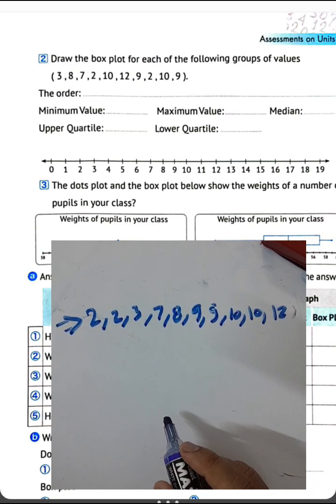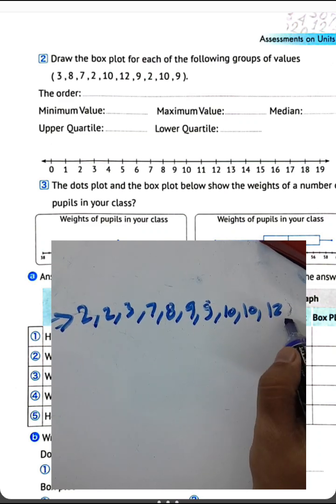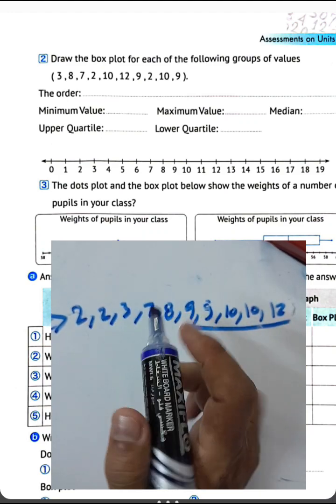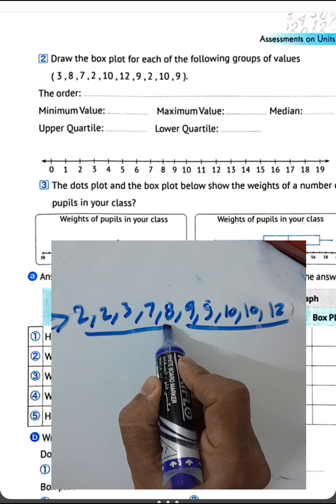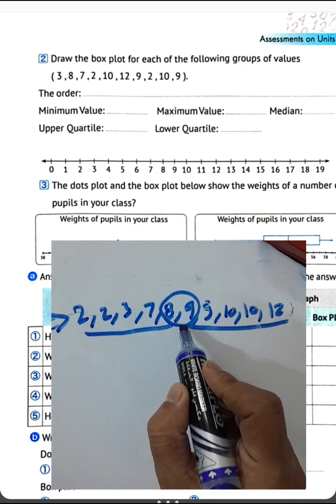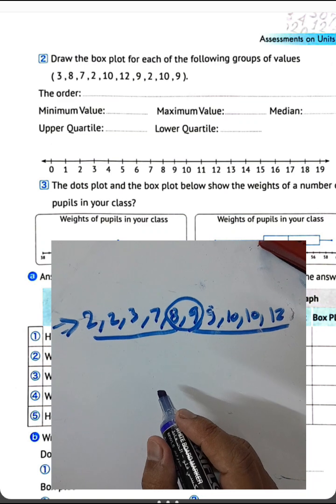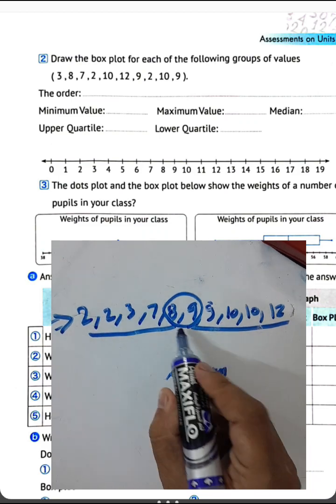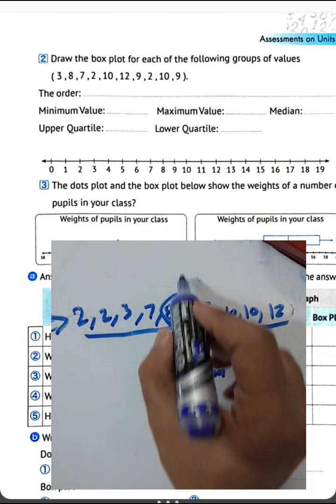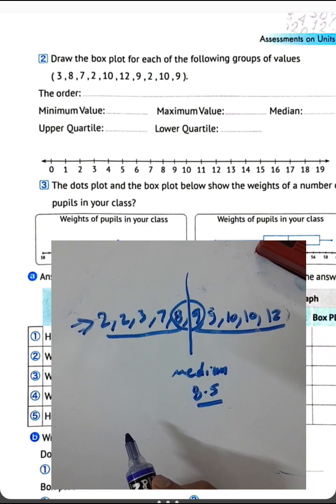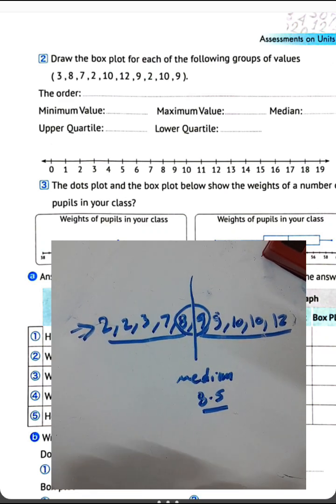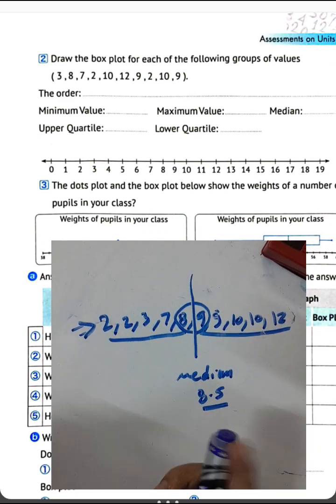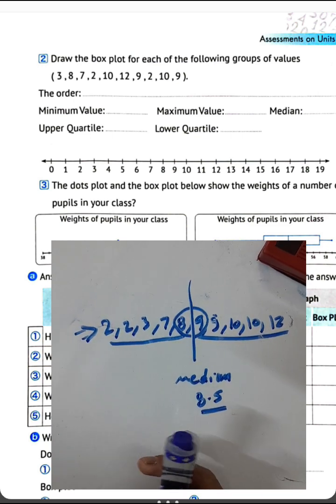Okay, we can find the number. Count with me. We have here 1, 2, 3, 4, 5, 1, 2, 3, 4, 5. So we have 8 and 9. We can find the median between them. It will be 8.5: 8 plus 9 divided by 2, 8.5. And from this group we can find the lower quartile and upper quartile. Look with me at the steps here.